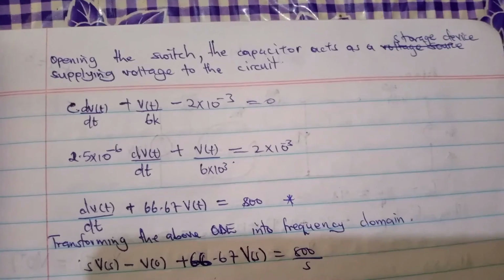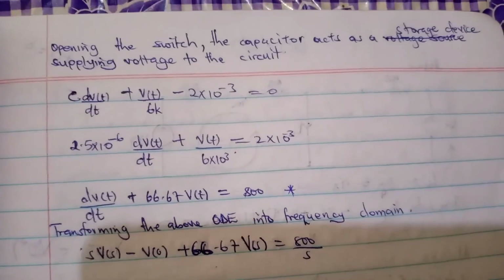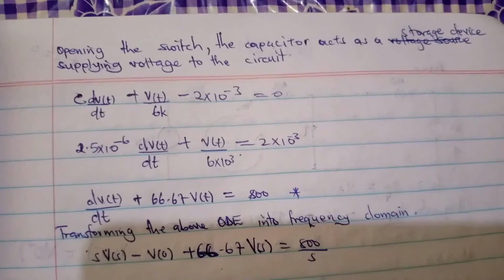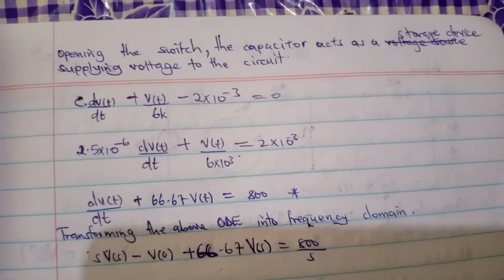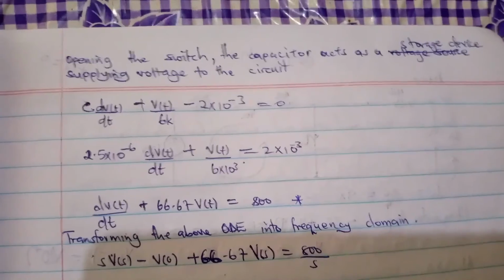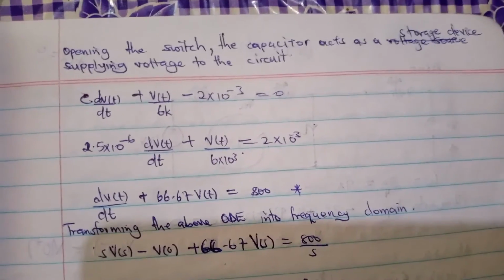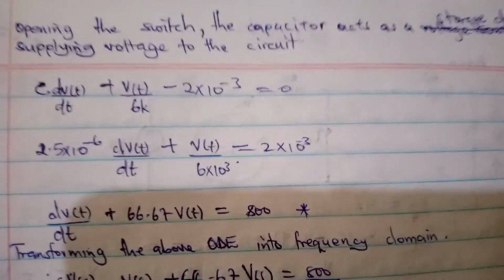Therefore, we are subtracting because the current from the current source is going in the negative direction. So minus 2 milliamps, it's giving us 0. Substituting the unknowns for capacitance, we are having the equation below.